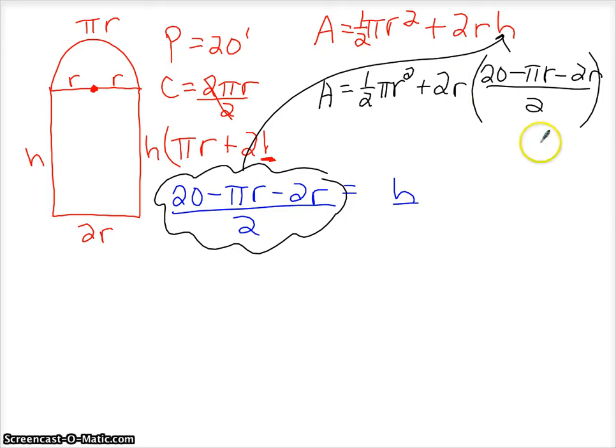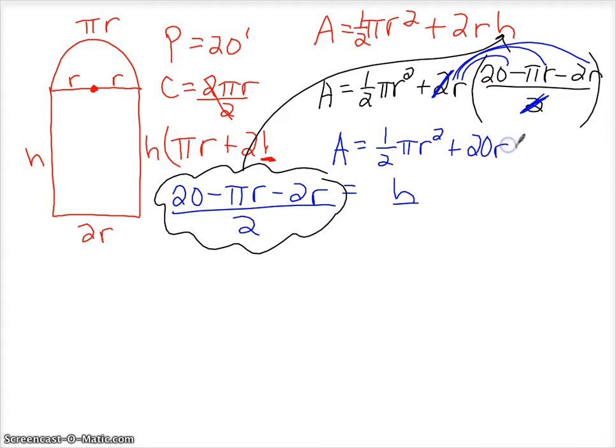This 2 out front of the parentheses will cancel with that 2. And then I'm going to distribute the r in. So all I'm doing is simplifying this. So I get 1/2 pi r squared plus 20r minus pi r squared minus 2r squared when I distribute this r in.